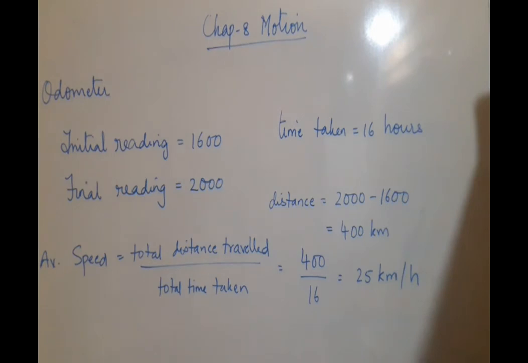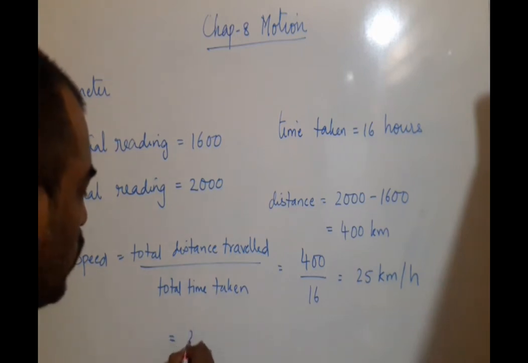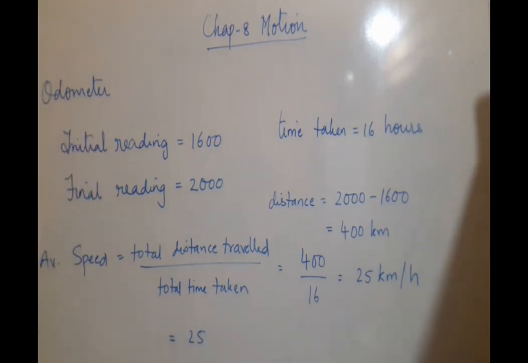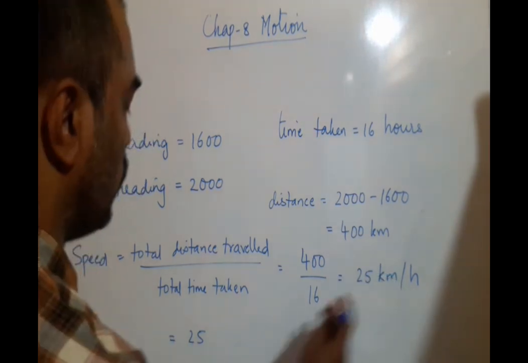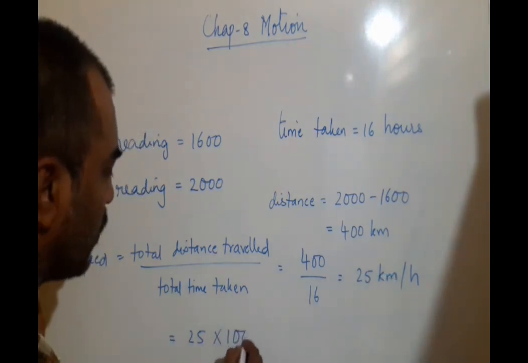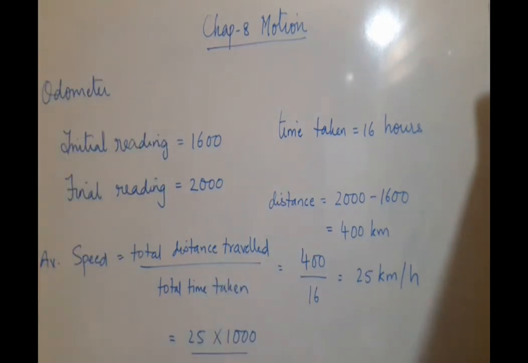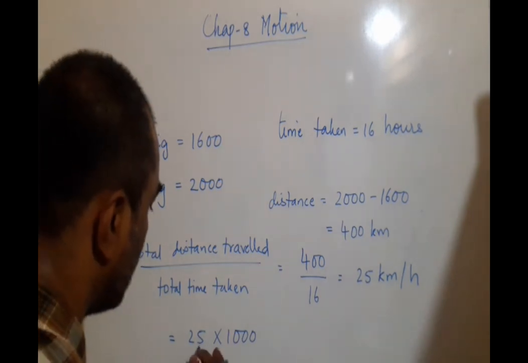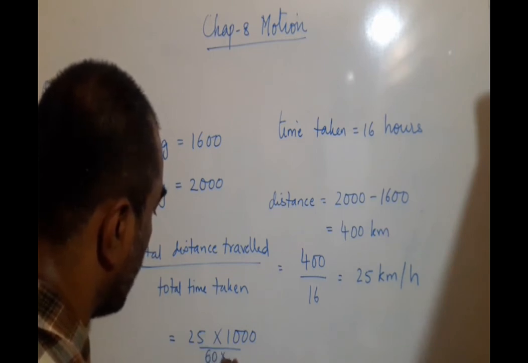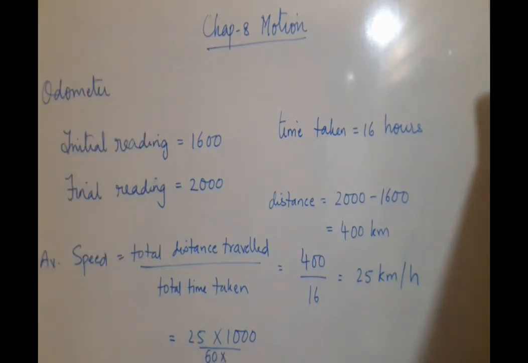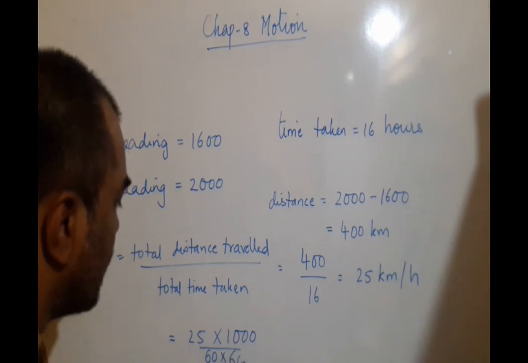But this speed is in kilometer per hour. Can we convert the same into meter per second? To do that, it is 25 kilometer per hour. To convert kilometer into meter, I multiply by 1000 upon, to convert the hour into second, 1 hour is 60 minutes and 1 minute is 60 seconds.